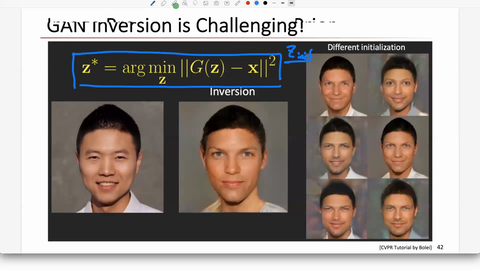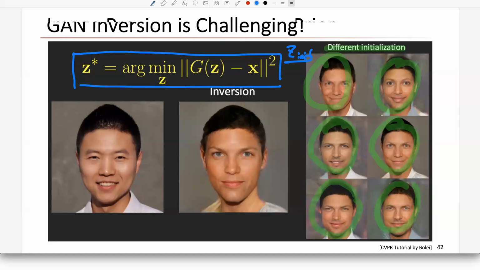When we start from a different initialization, the GAN inversion result is going to be really different. So it means that it's going to be stuck in local minima. So determining a good initialization is really important in the GAN inversion field.